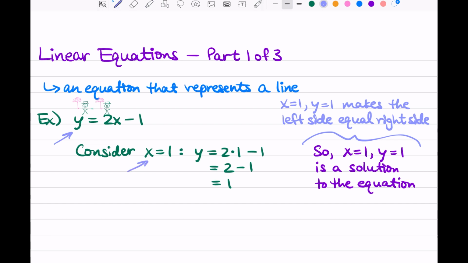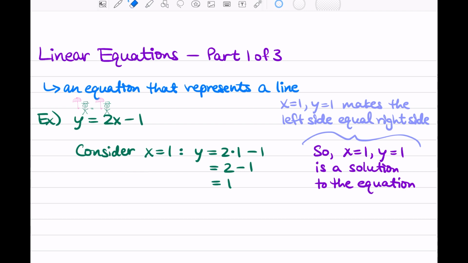We picked an x, and we found the y such that the left side, which is y, equaled the right side. We plugged in our x and found what our y would be. So that's what it means to be a solution. It's something that we can plug back in to our equation, and the left side would equal the right side.